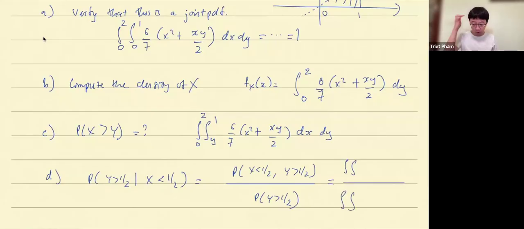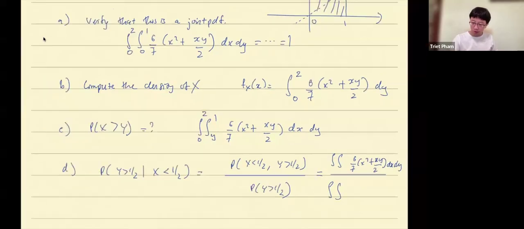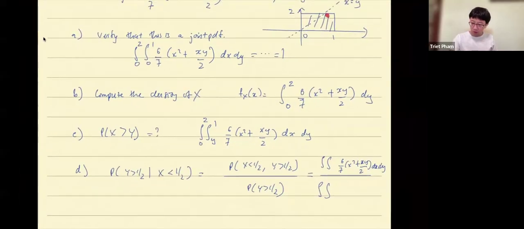So the top will be the integral of the density, and luckily the region is a rectangle, so we don't have to worry much. X will go from 0 to 1/2, and y would go from 1/2 to 2.